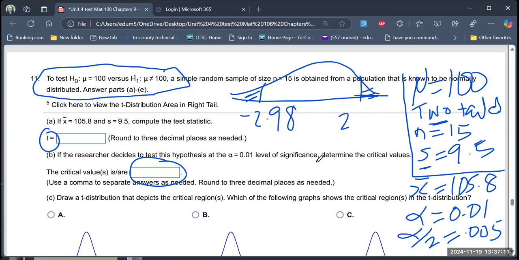Positive 2.98 on the right. So there are two rejection regions, one on the left, one on the right. The center is the acceptance region. So if I calculate the test statistic and it falls into the center, I will accept the null. If it falls into the left rejection region, I will reject the null. Or if it falls into the right rejection region, I will reject the null.